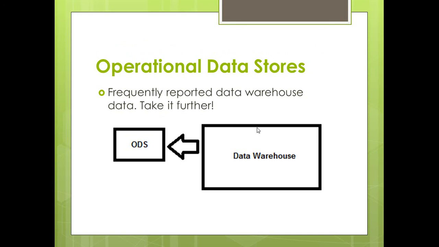Since this smaller version has analysis done on the data quite frequently, and it's smaller, you could do analysis on it more quickly. So you'll be able to generate reports based on the ODS at a faster rate than if you were to generate the same reports on the data warehouse using the information from the time that goes back to Lord knows when.